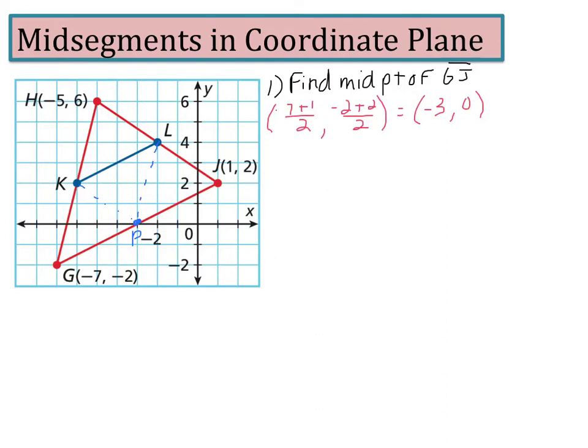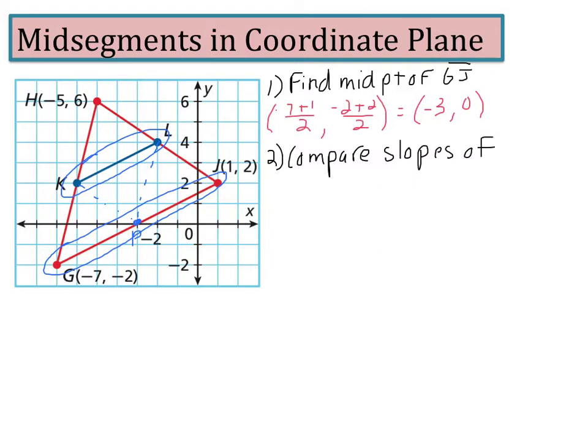And what I want to do is compare the slope of KL and the slope of GJ. So the slope for KL would be the change in y over the change in x.